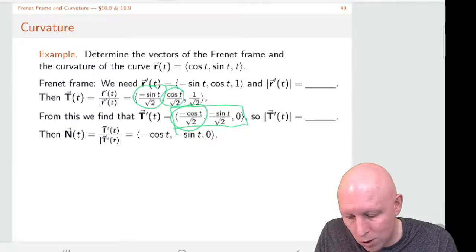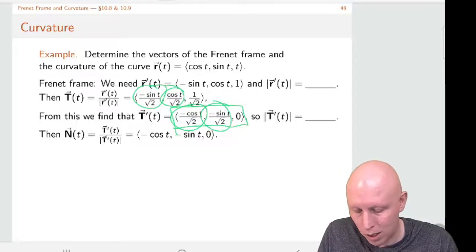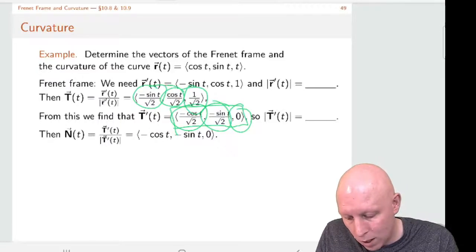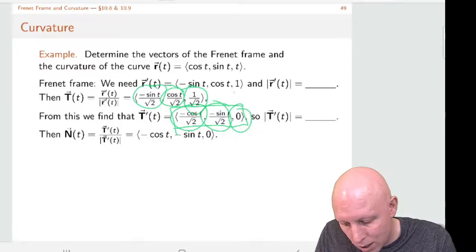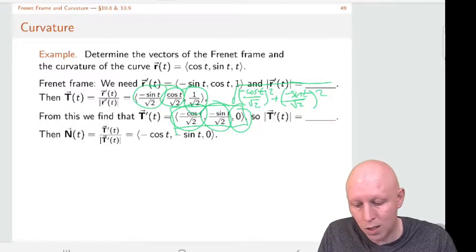The derivative of cosine of t over root 2 is equal to negative sine of t divided by root 2, and the derivative of a constant is always 0. So the length of this vector is the square root of negative cosine of t over root 2 squared plus negative sine of t over root 2 squared plus 0.